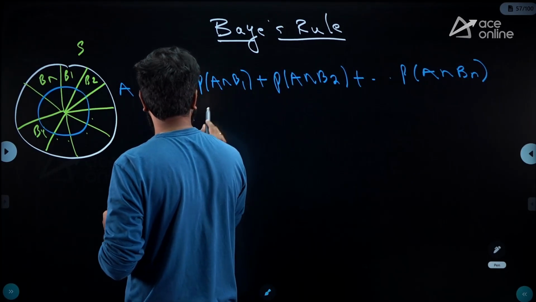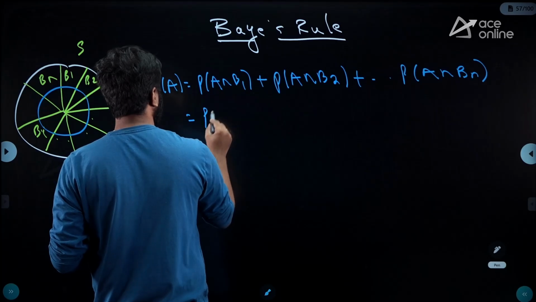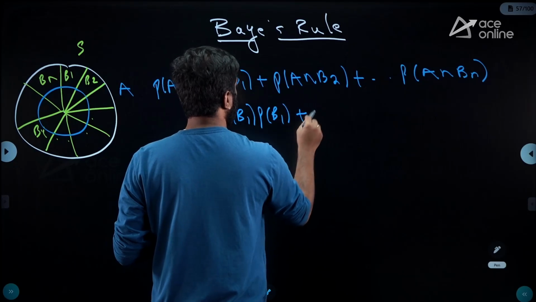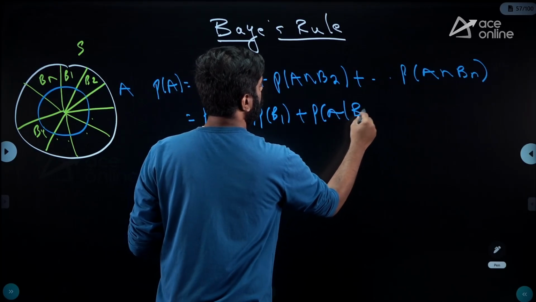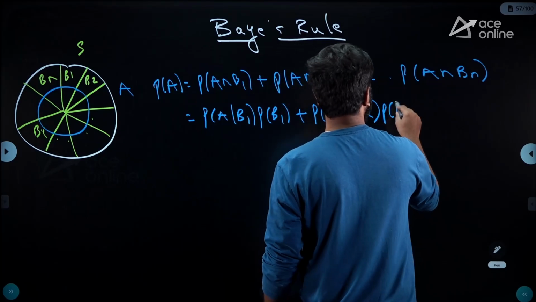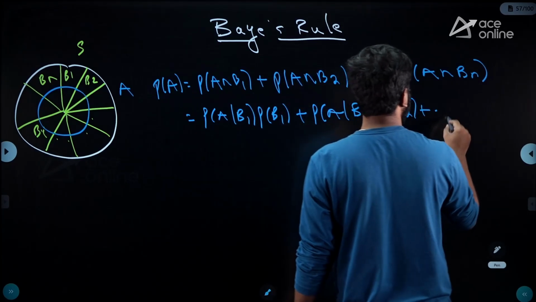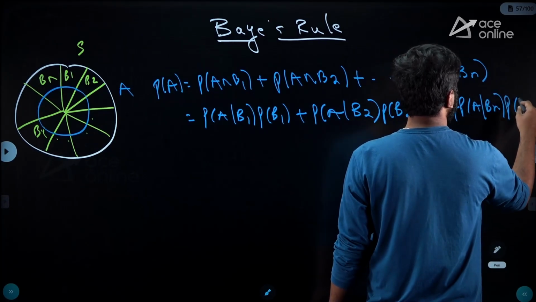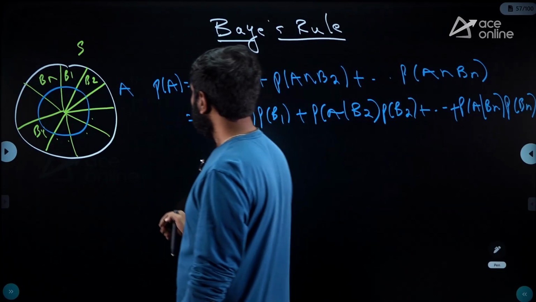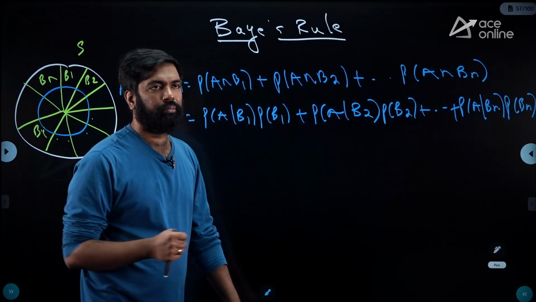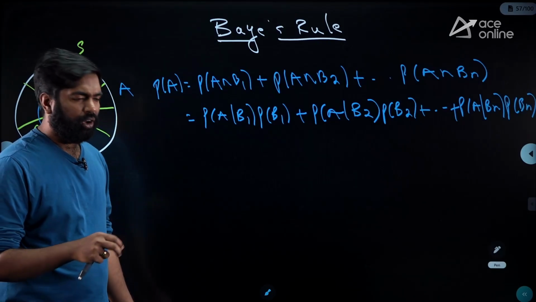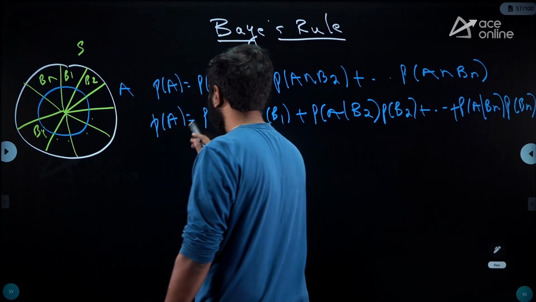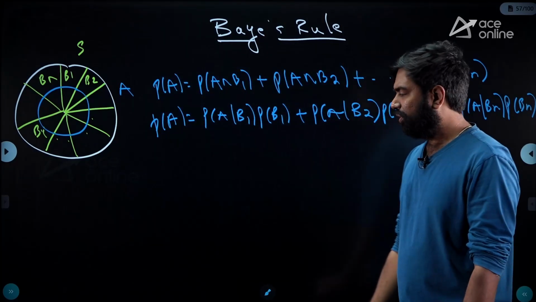Further, you write this in conditional probabilities: A given B1 into probability of B1 plus A given B2 into probability of B2 plus so on, A given Bn into probability of Bn. This is called the total probability, or simply the probability of the event A. In the exam, if you can get this quickly, it's almost like we have solved the problem.